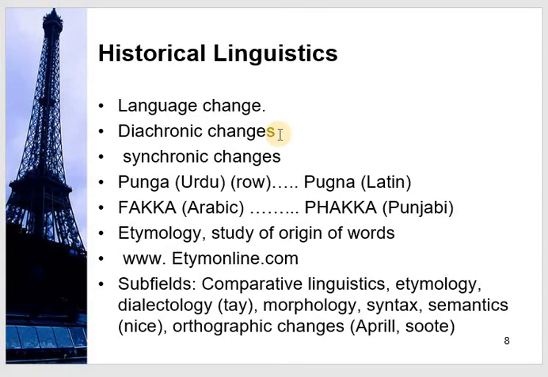We also take 1976 to 1996. These 20 years, how much has language changed? And 1996 to 2016, how much has language changed in these 20 years? You will find that after the internet there are so many changes. So when you take a 20-year period or a 10-year period, this is called diachronic changes.